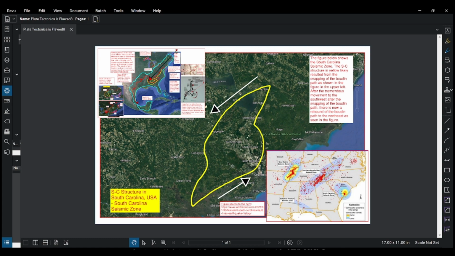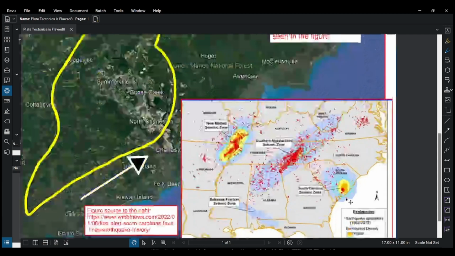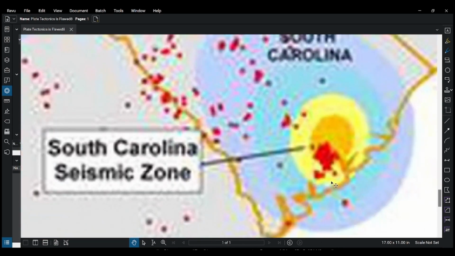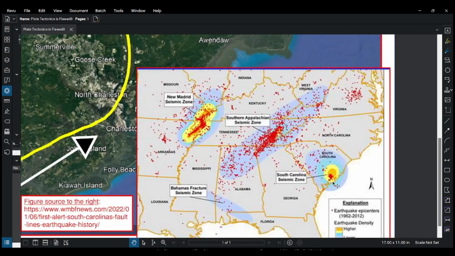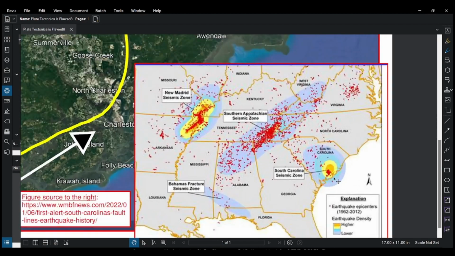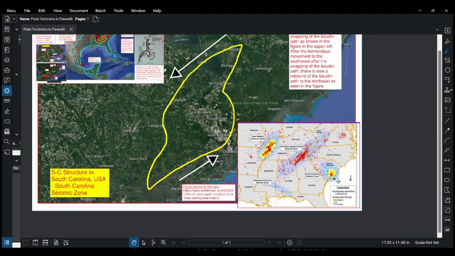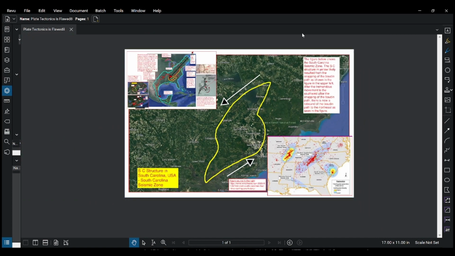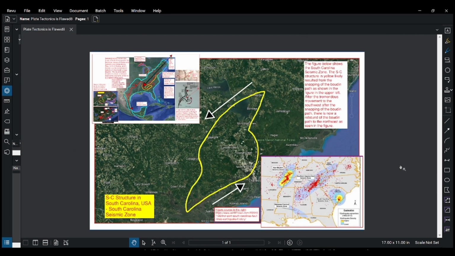And apparently these structures cause earthquakes and all. It's a little blurry, but you can see the red dots in there. That's a kind of hot spot for earthquakes. So that's yet another area I've described that has structures that are geologically active. Okay, so there's consistency with the geologic literature, which is in this figure in the inset, and my model, which is shown in the main figure here.